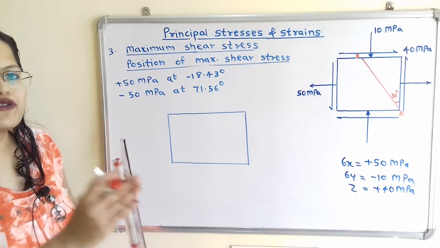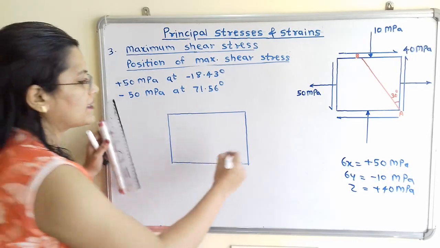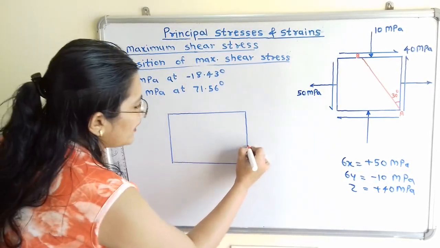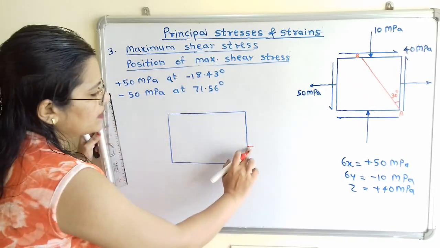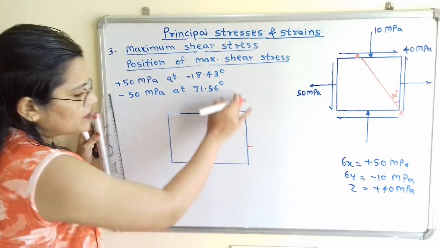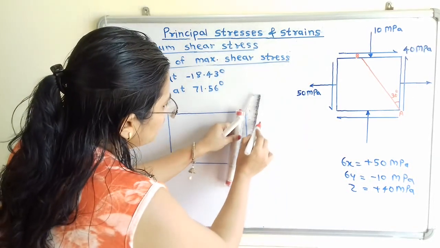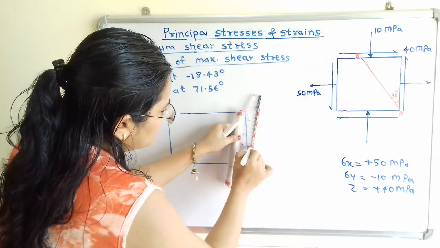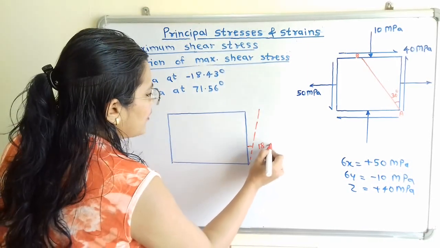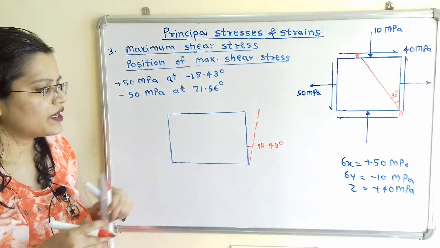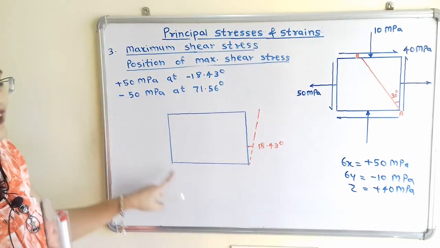That means we have to use the opposite direction, that is clockwise direction. So we have to take the angle 18.43 in clockwise direction from this vertical line. So I will show here this construction line, and this angle is equal to 18.43 degree.